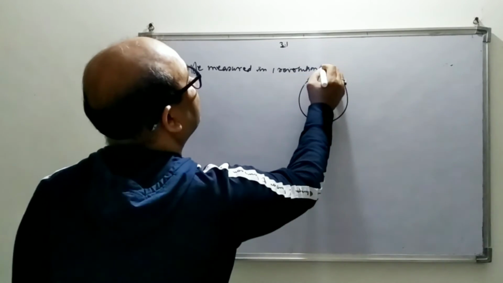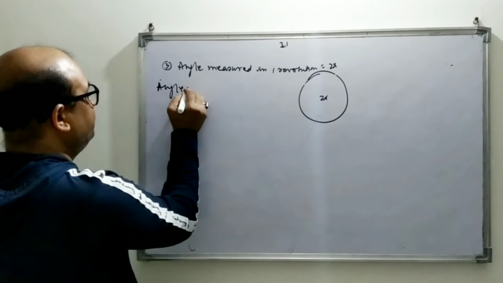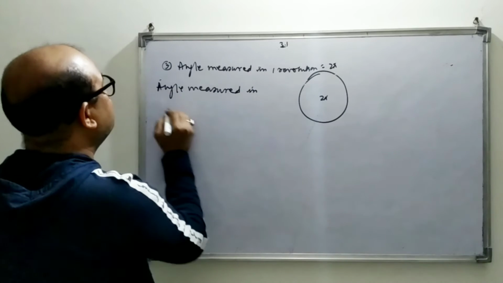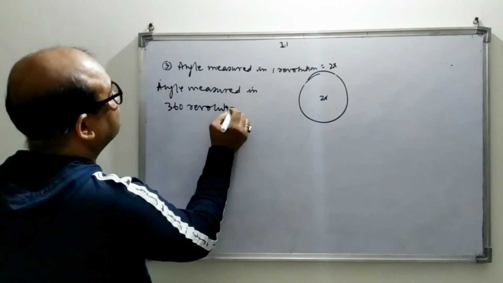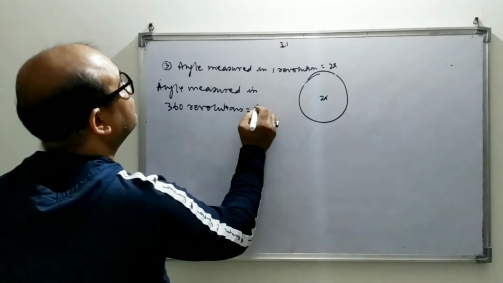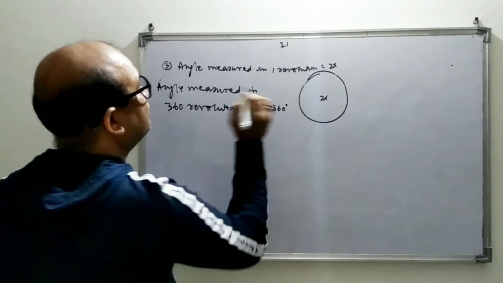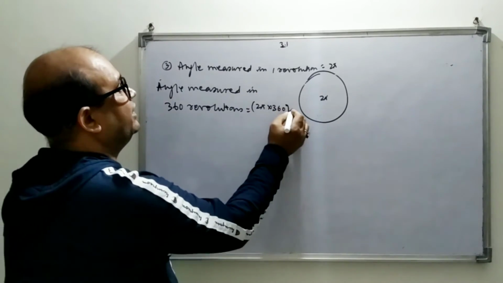This is 2 pi. Therefore, angle measured in 360 revolutions equal to 2 pi into 360. Now, this is the angle measured in this much radian.